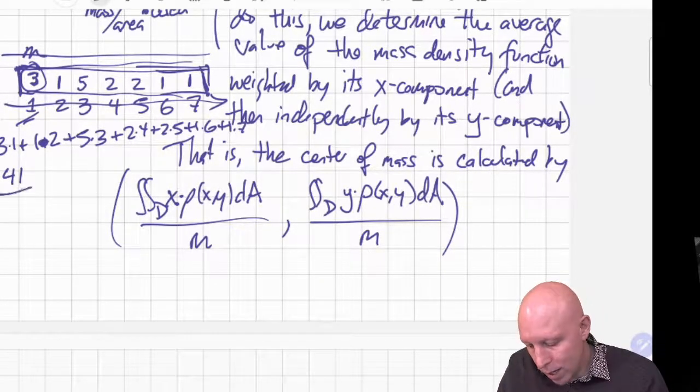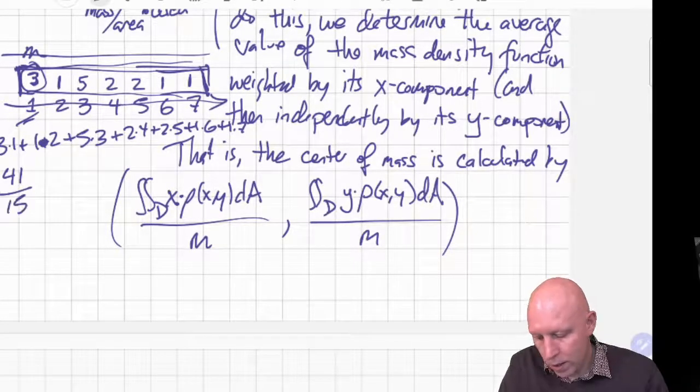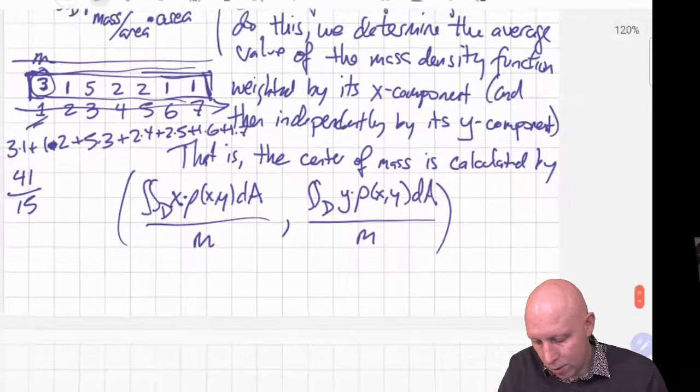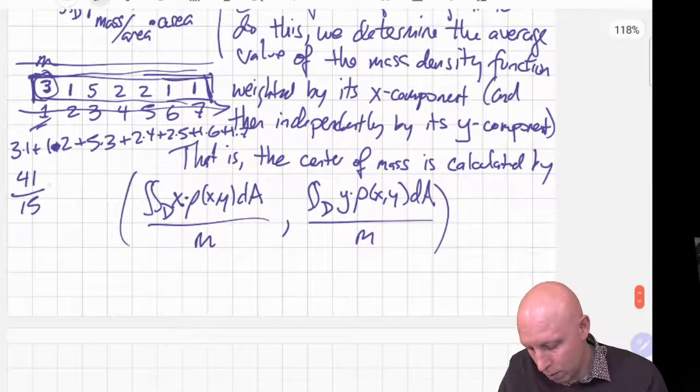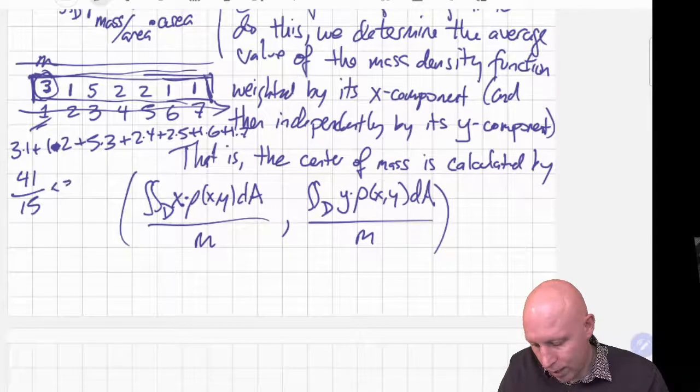And then we have to divide by the total amount of mass. The total amount of mass is 3, 4, 9, 11, 13, 14, 15. So 41 out of 15, and that's a little bit less than 3. So that's less than 3.